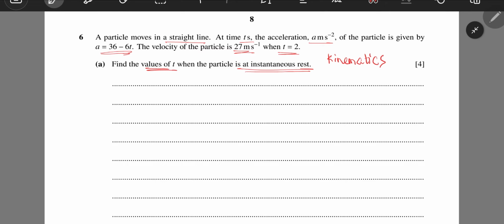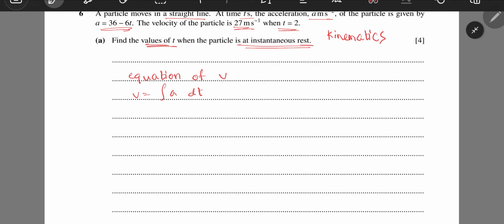And what we need to find very first is an equation for v. So v is nothing but integration of a with respect to t. So let's integrate the equation of a.